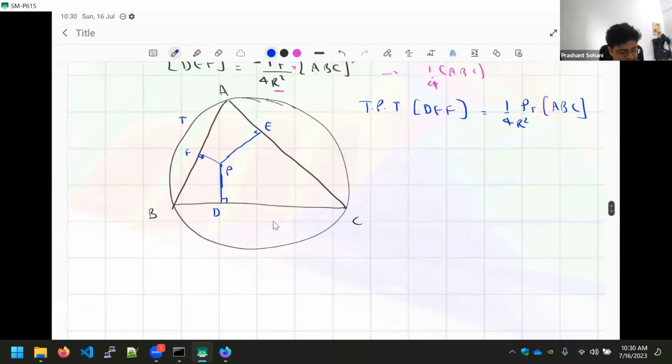So I am interested in finding the area of this triangle.